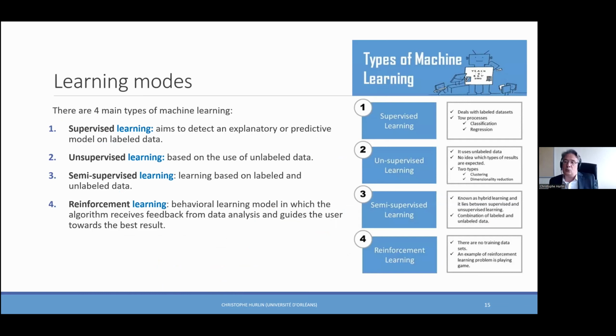Let me go back to the different types of learning modes in machine learning. I distinguish supervised learning, unsupervised learning, semi-supervised learning, and reinforcement learning. The main difference between these types of learning is whether the dependent variable, the target variable, is labeled or not. What does it mean? It means whether you observe the value of y or not.